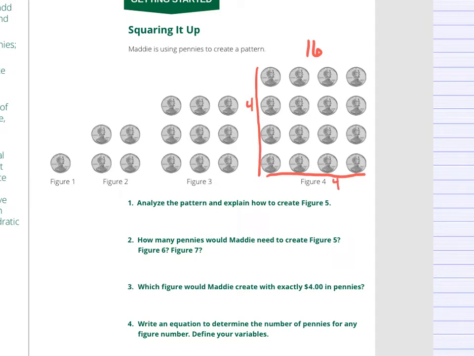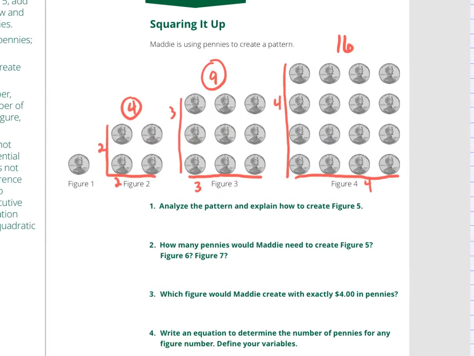If I looked at the area and multiplied 4 times 4, I would get 16. If I work backwards to figure 3, there's 3 pennies on the base and 3 pennies on the height. And again, 3 times 3 would be 9 pennies total. That's true for figure 2 also. 2 times 2 would give me 4 pennies. And over here for figure 1, 1 times 1 is 1 penny.